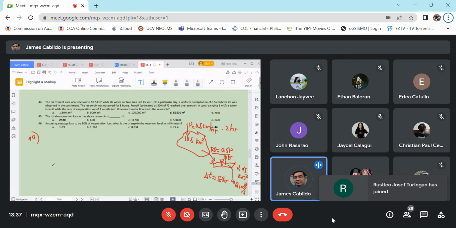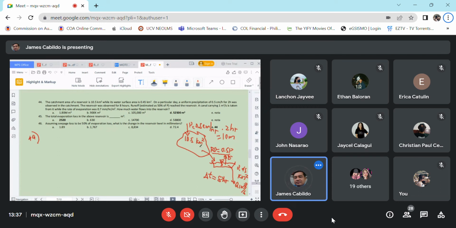Right. Ulitin ko lang. So we have a 10.5 square kilometer catchment. Umulan dito sa catchment ng 0.5 cm per hour for 2 hours. So merong equivalent na 1 cm of rainfall.